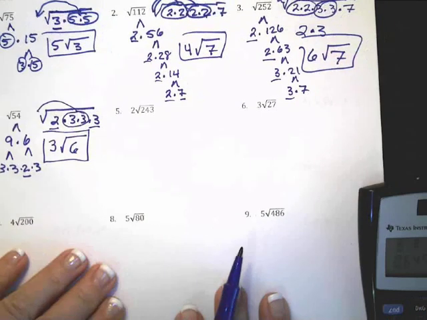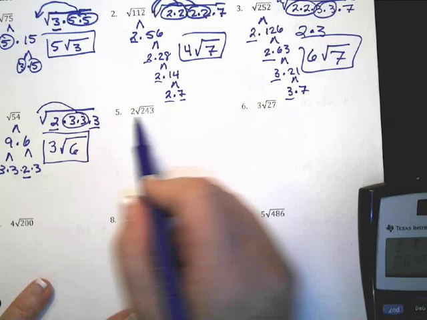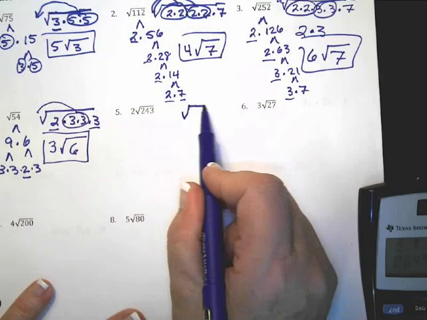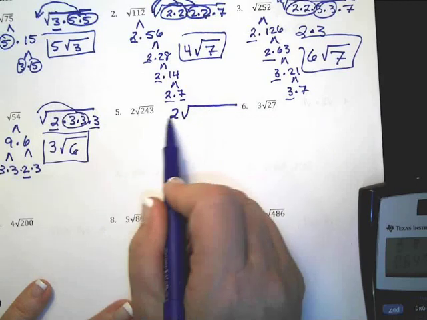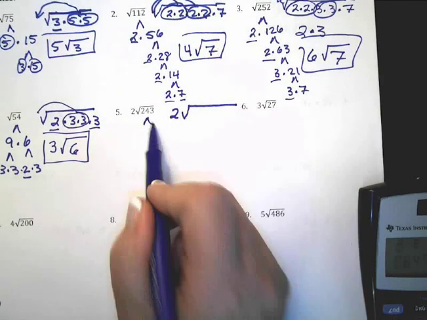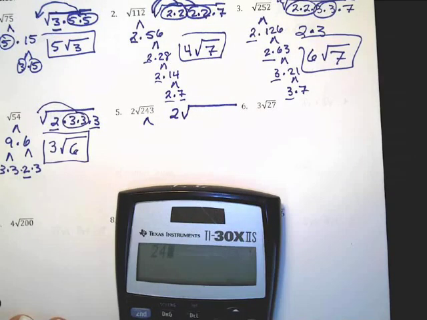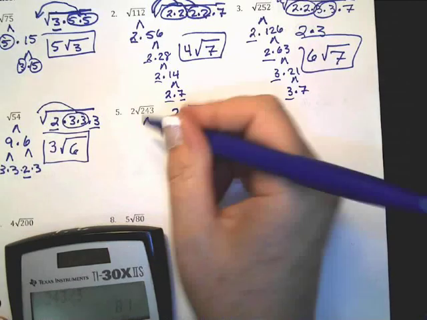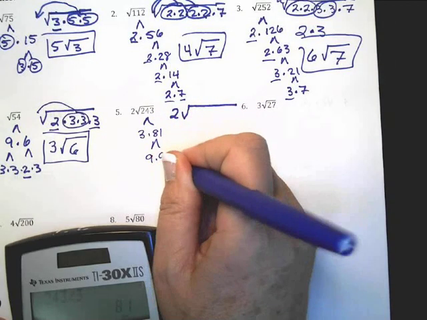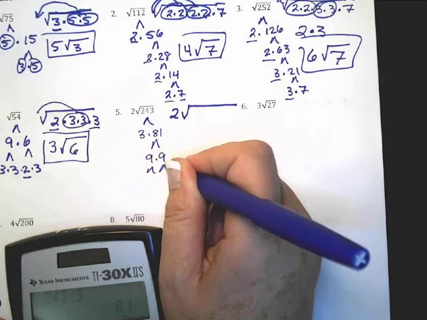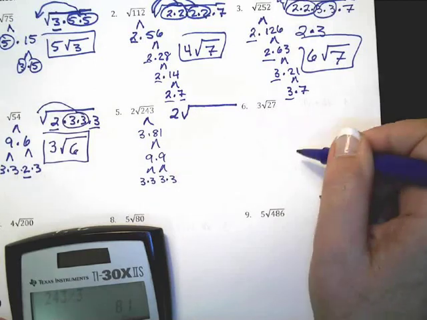Okay, this next one's a little different because we have a number out front. We just need to make sure when we break down into prime numbers that we leave this 2 out front, and it's going to multiply to anything that we bring out front. So 243 is not even, so let's see if 3 goes into that, which it does. 81 times 3. Well, I know 9 times 9 is 81, and then I can break 9 down into 3 times 3.